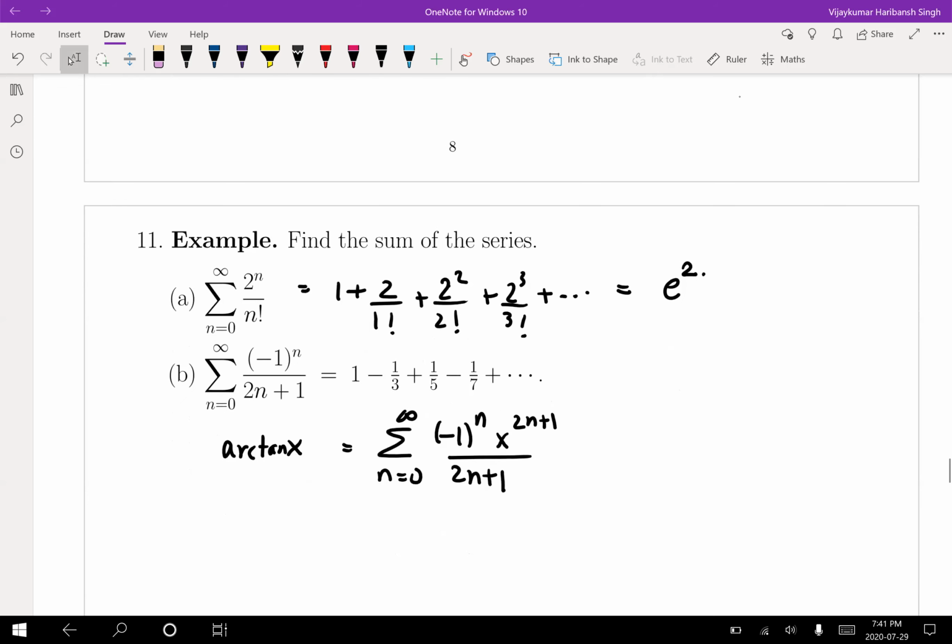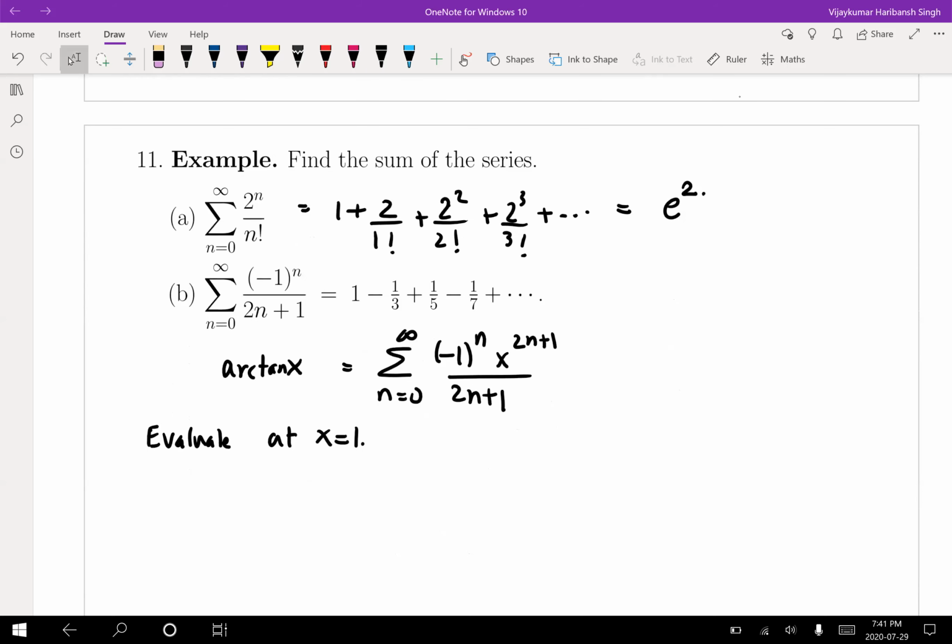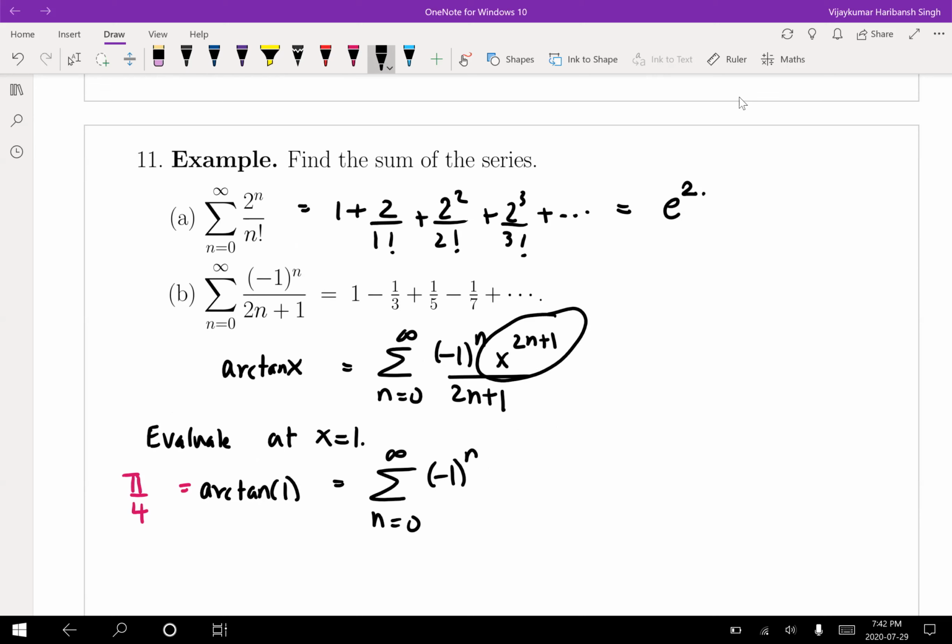So essentially what you're doing here is evaluating at x equals 1, and when you evaluate at x equals 1, we get arctan of 1, which is actually pi by 4, equal to your series n equals 0 to infinity minus 1 to the power n, and this will become 1, divided by 2n plus 1.